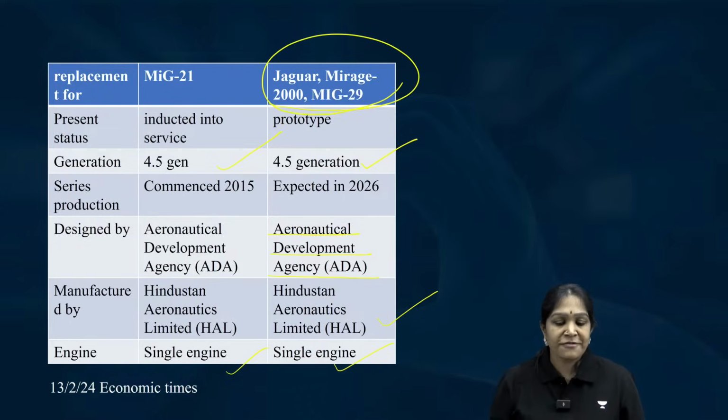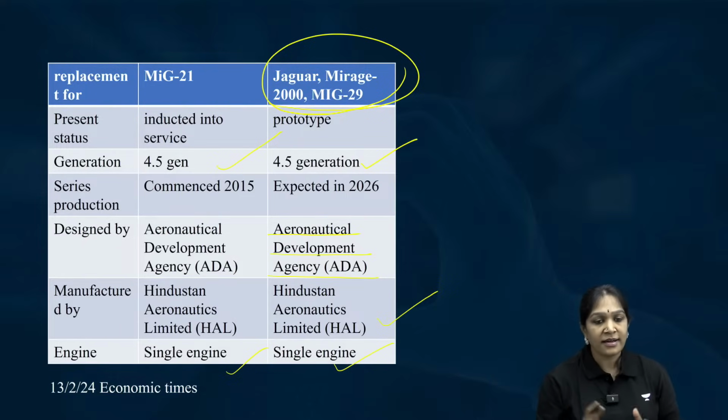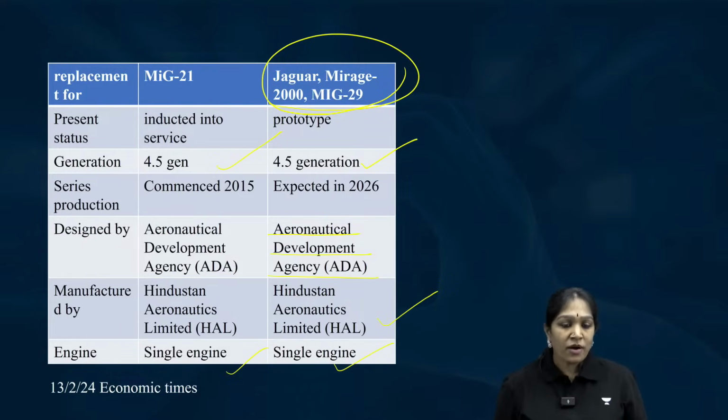We already have Jaguar, Mirage 2000, MiG-29 fighter jets, and they are getting outdated, so we want a better fighter jet. That is the reason we designed the Tejas Mark II, and we are going to manufacture it, but we currently do not possess them.